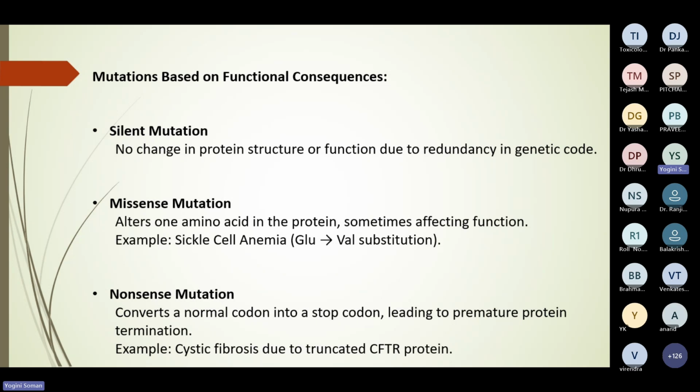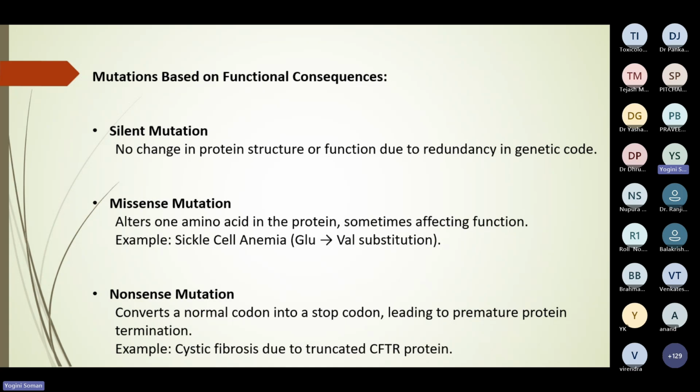A classic example is sickle cell anemia. Sickle cell anemia is caused by a missense mutation in the beta globin gene at chromosome number 11, which results in a single nucleotide substitution and alters the amino acid sequence. The normal codon is GAG, which codes for glutamic acid.